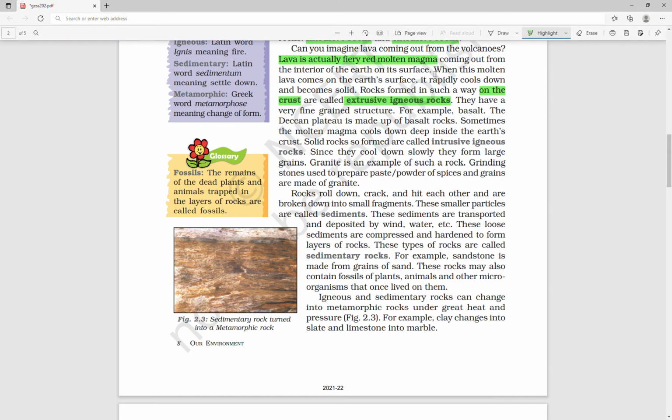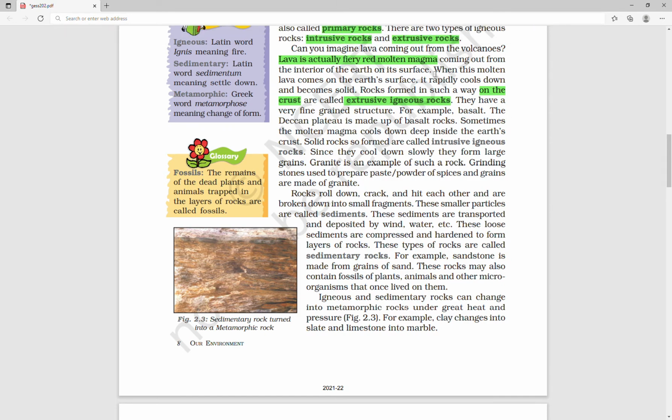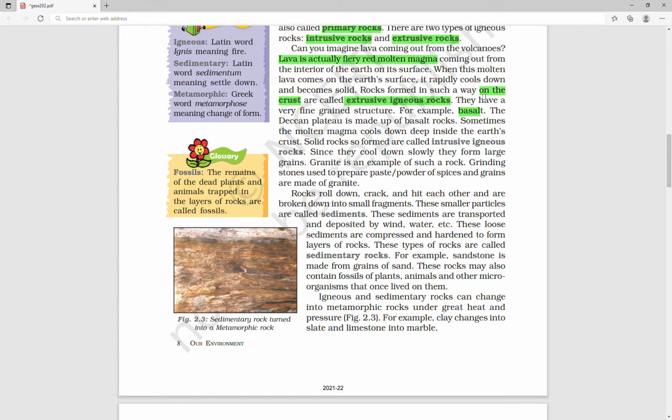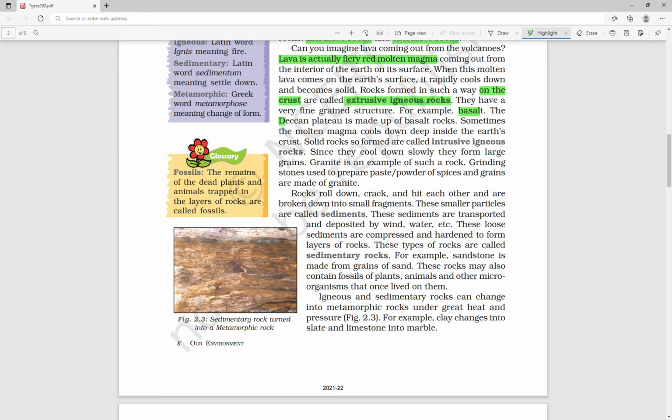Next, they have a very fine grained structure, which is basalt. Example: basalt. The Deccan Plateau is made up of basalt rocks.